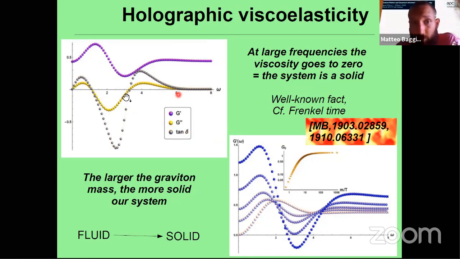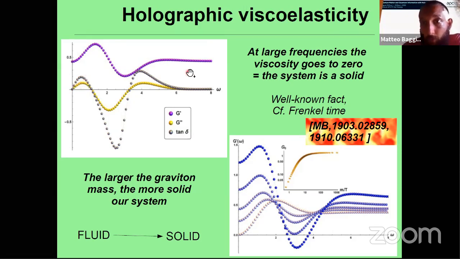Let's go to zero frequency. At zero frequency, we know that G prime is basically the shear modulus, as we discussed yesterday. Here you see your finite shear modulus, which controls the elasticity. On the contrary, G second starts linearly with the frequency, and the coefficient is the viscosity. That's exactly what you see here: a linear shape that sets the viscosity of my system.